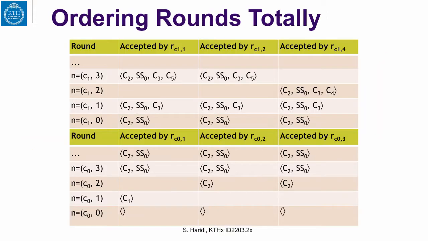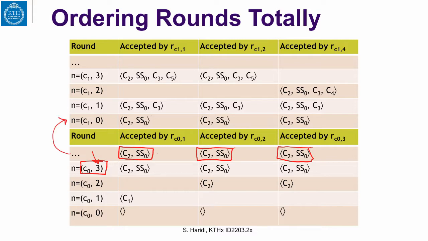So here is a situation where the round number is both a configuration number and a local round number. And this is the final sequence in configuration C0. And now we move to a new configuration.